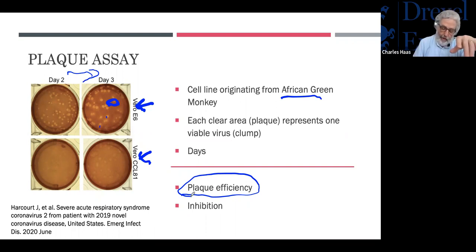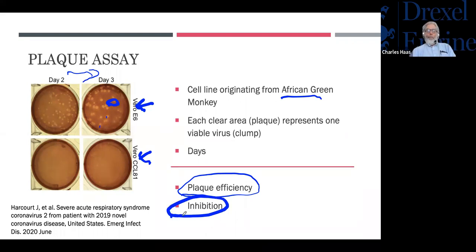In addition, it may very well be, if we're talking about a real sample, there may be other things in the sample that inhibit the infection with the animal cells and inhibit the formation of the plaque.